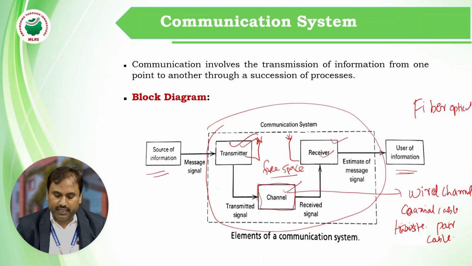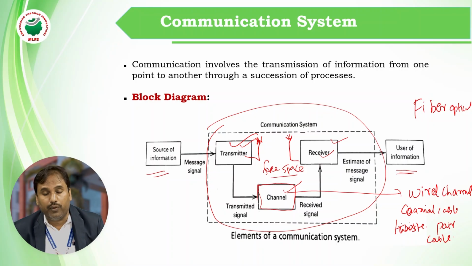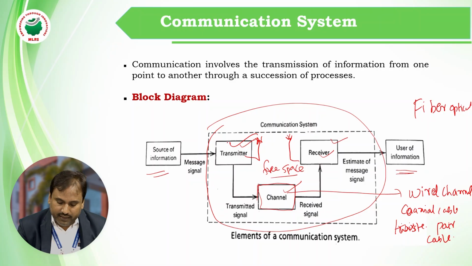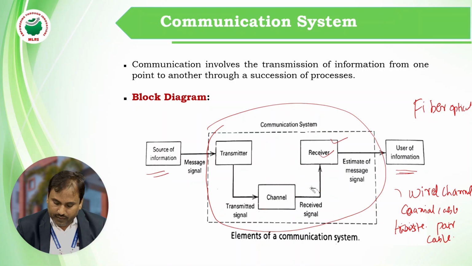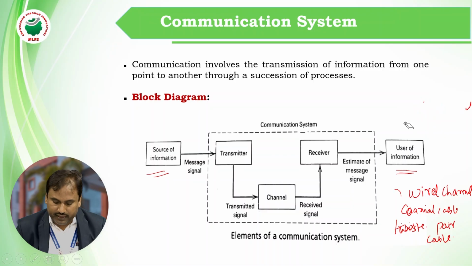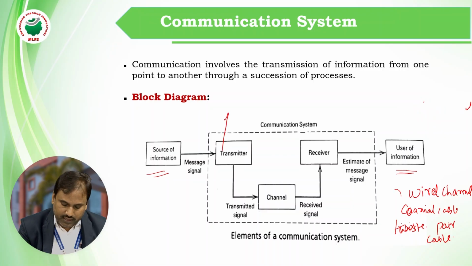Now the point is, in the transmitter block and in the receiver block, what sub blocks are there? That is a very important thing. On the transmitter side, we will have a modulator block.